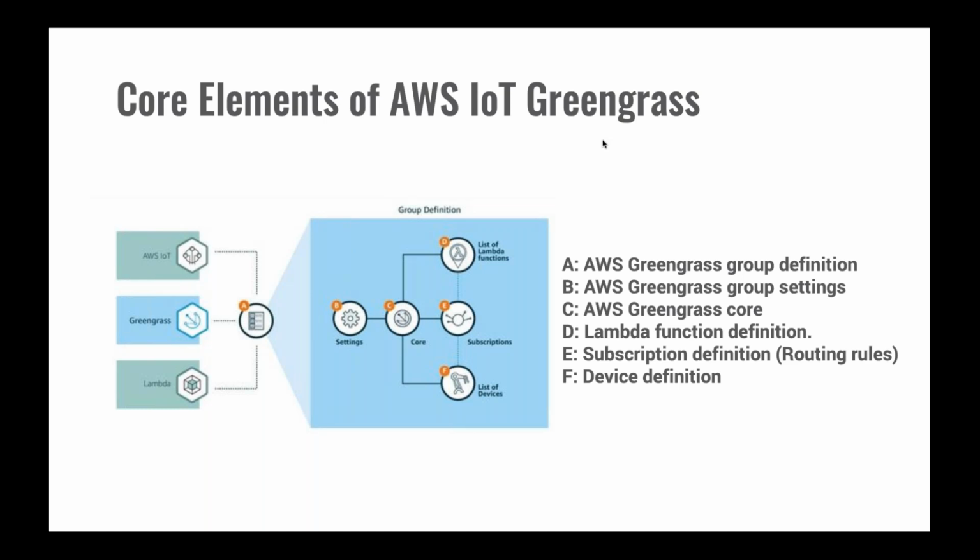That's the reason why a Greengrass core device is considered to be an ARM device or an x86 device running Linux, with at least 1 GB of RAM and a decent processor like an Intel Atom or an ARM v7. That is what differentiates an IoT Greengrass core device from the rest of the devices. The rest of the devices could be just microcontrollers that may not be capable of running the Greengrass runtime.